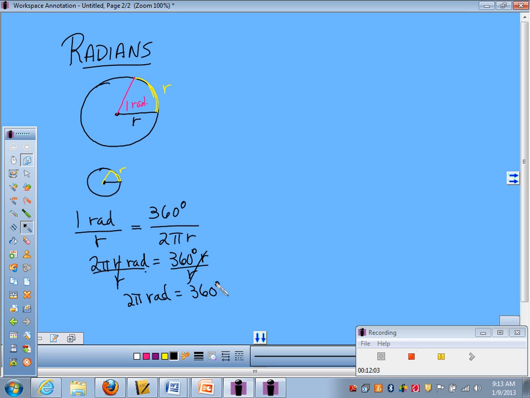Or if I divide the 2 out of there, wouldn't I be left with pi radians is 180 degrees? That's the relationship you need to remember forever, connecting radians to degrees. Pi radians is 180 degrees.